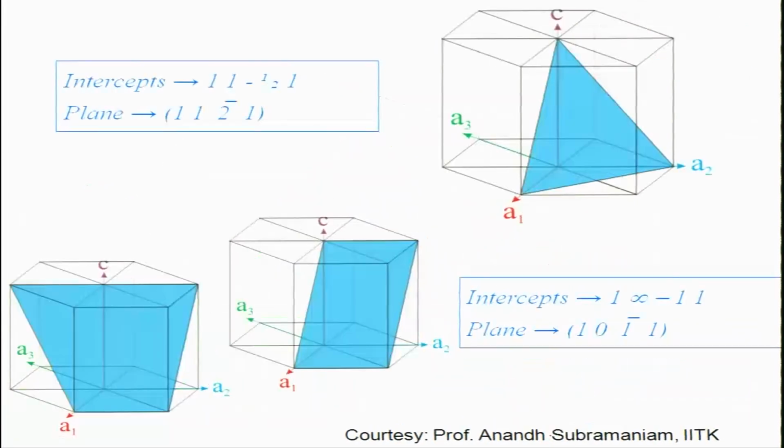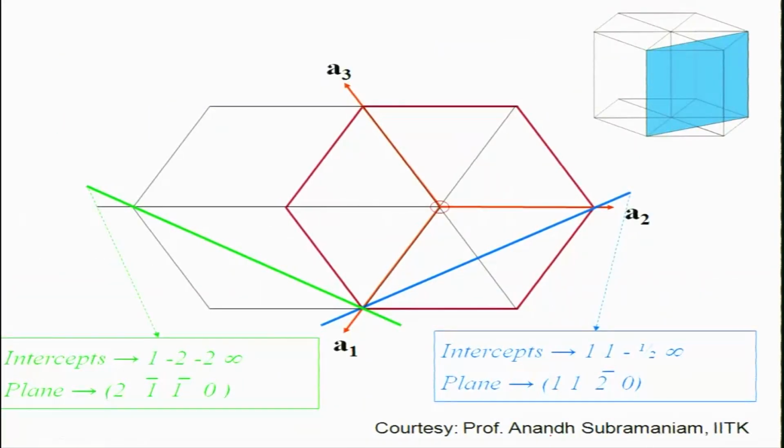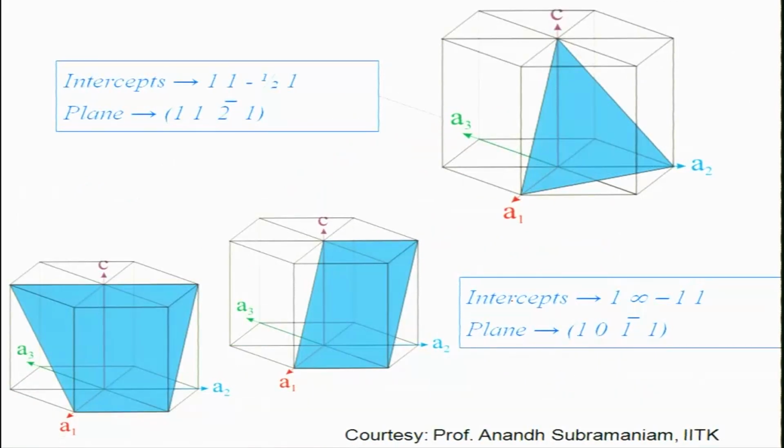So this is the other plane that we have drawn, 2 bar 1 bar 1 0. This is 1 1 bar 2 0. So similar planes you can draw here, and this plane is nothing but parallel to this plane, right? The one which is here. Okay. This is 1 1 bar 2 1. It will look like that. The one on top is 1 1 bar 2 1, and the one on the bottom is 1 0 bar 1 1, which is parallel to the A2 axis.